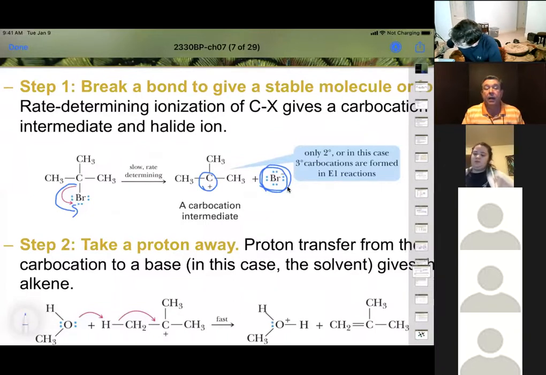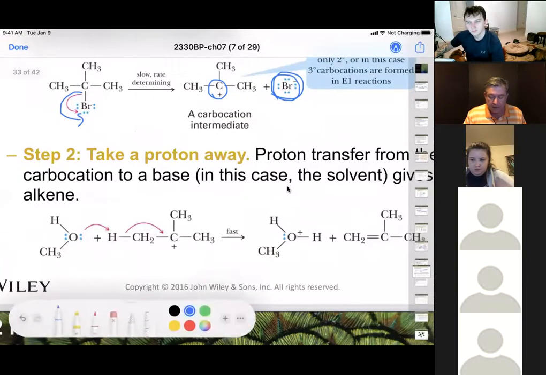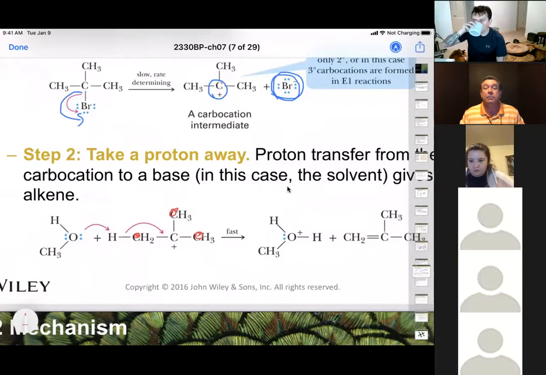Now the next thing that has to happen is we have to remove an alpha hydrogen, or an alpha proton. In this case here, we actually have a symmetrical molecule, so really all 3 types of alpha hydrogens are exactly the same. So it doesn't matter where we take it. In this case, we're also using another poor base, methanol.